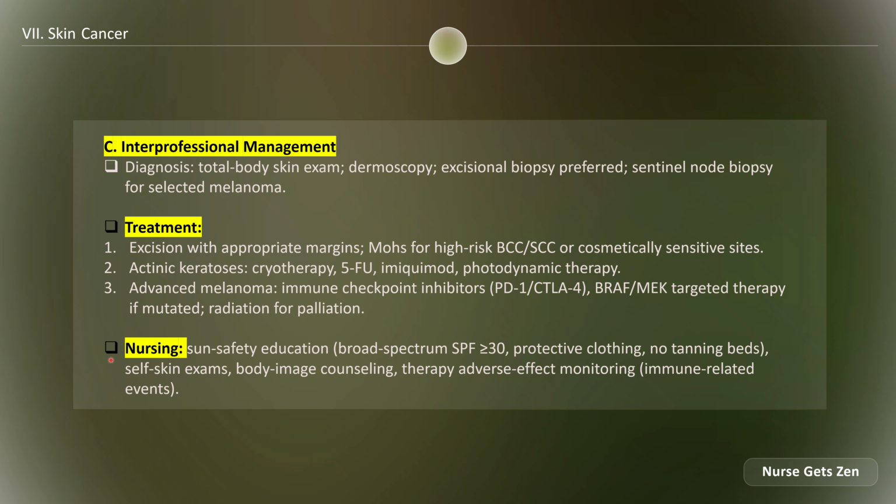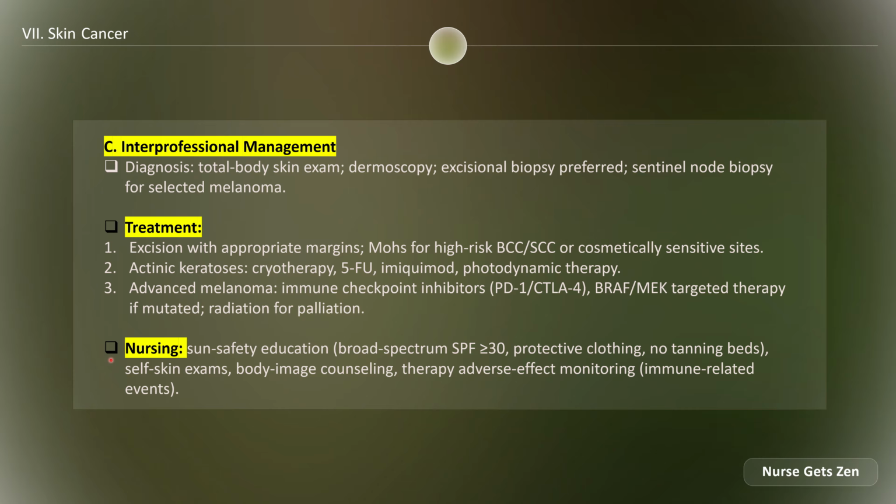Some treatments of skin cancer involve surgical procedures like an excision or topical therapies that can disrupt the skin, causing pain. So provide pain medication. Provide emotional support.